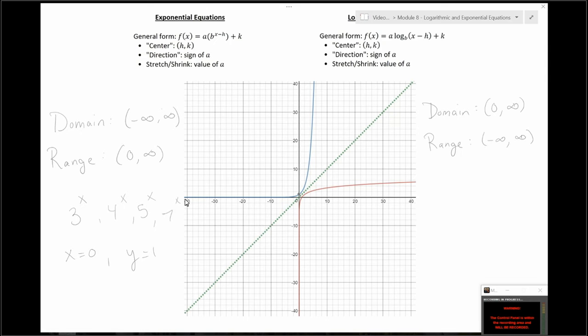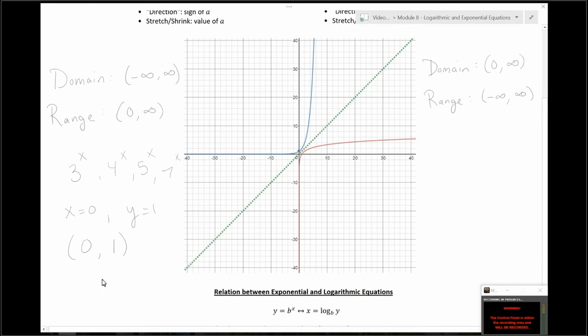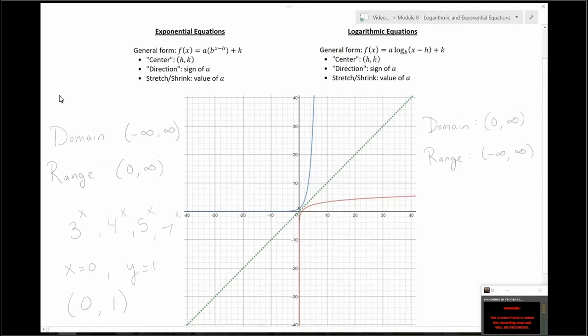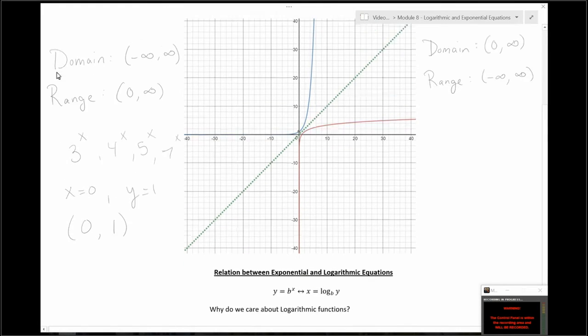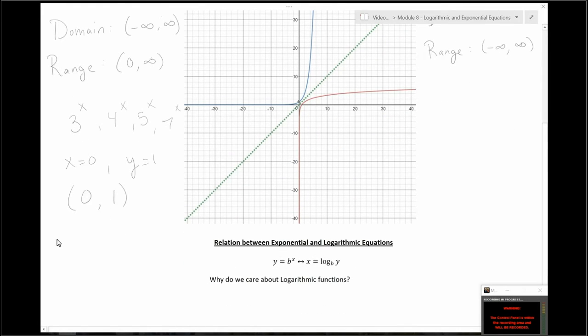So, like a vertex for a parabola normally starts at 0, 0, this is going to be our starting place for exponentials. And so when we add in this shifting of h and k, we can think about our starting point as h, k plus 1.